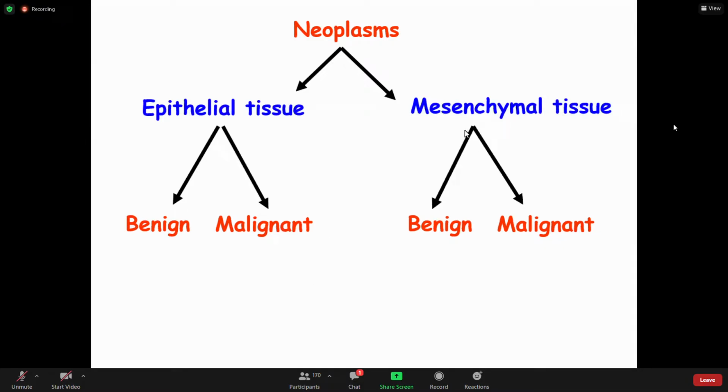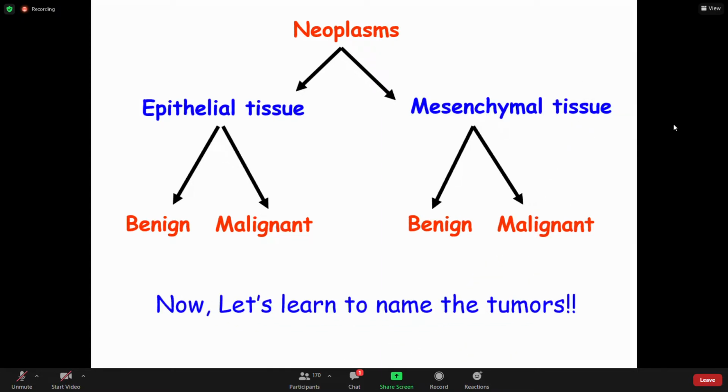Whereas mesenchymal tissue tumors usually opt for the bloodborne, the hematogenous route. As a result, mesenchymal tumors are going to give rise to metastasis faster than epithelial tumors. And we will see why as we go through this series.